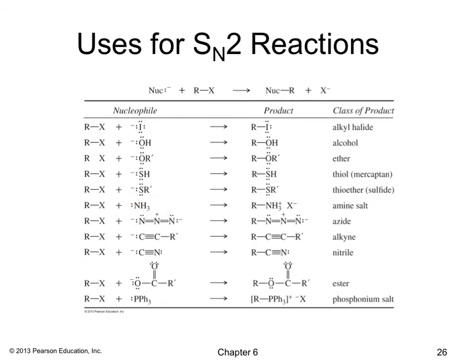If you react it with an amine, you can generate an amine salt. If you react it with an azide, you can generate an azide. With an alkyne, you generate an alkyne. With a nitrile, you can generate a nitrile. You can also react it with an ester salt to generate an ester, and phosphorus to generate a phosphonium salt.